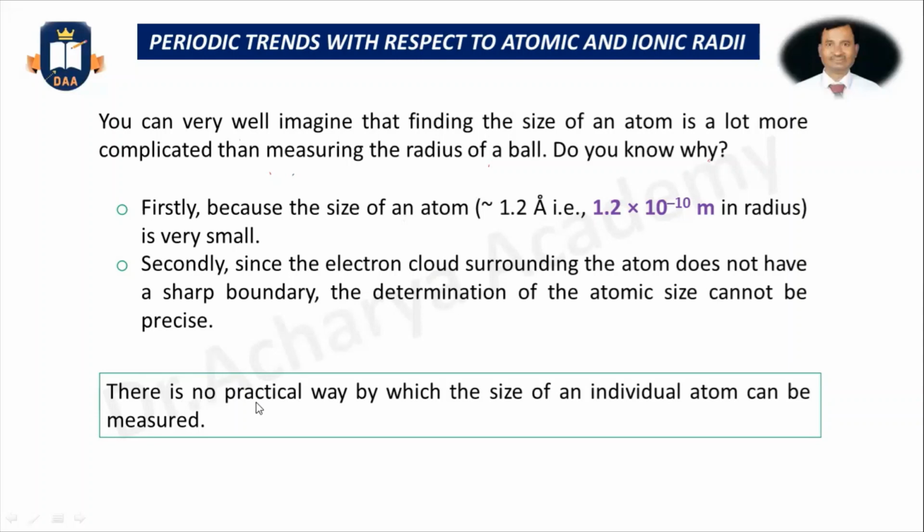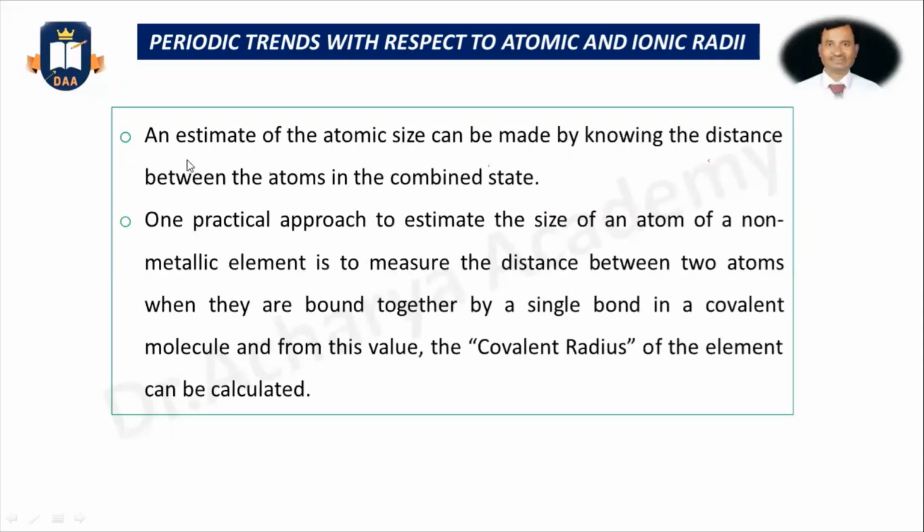There is no practical way by which the size of an individual atom can be measured. But an estimate of the atomic size can be made by knowing the distance between atoms in the combined state.